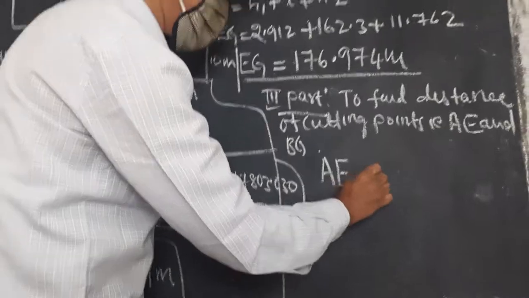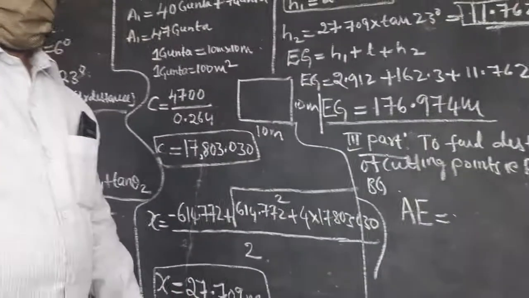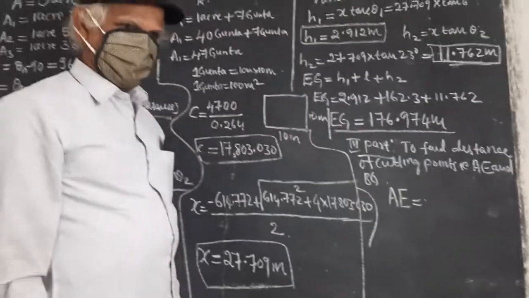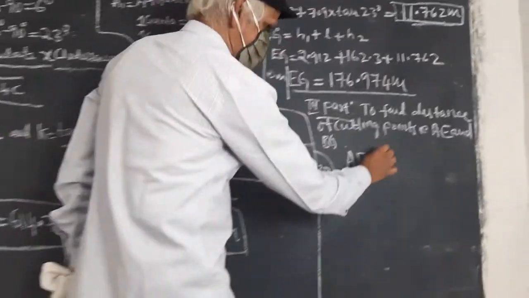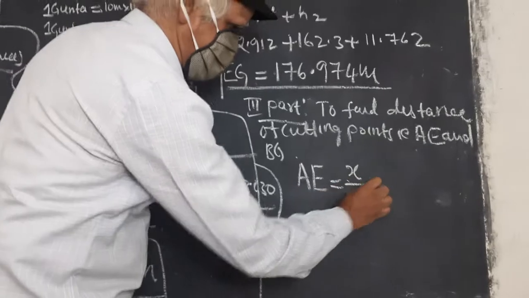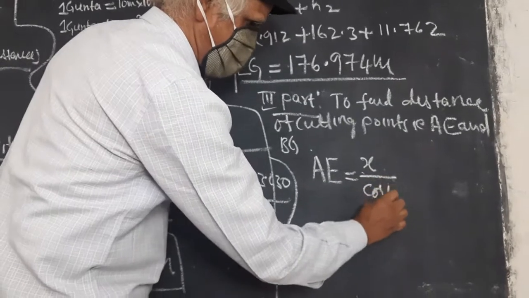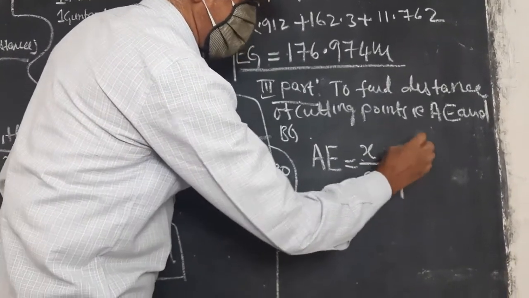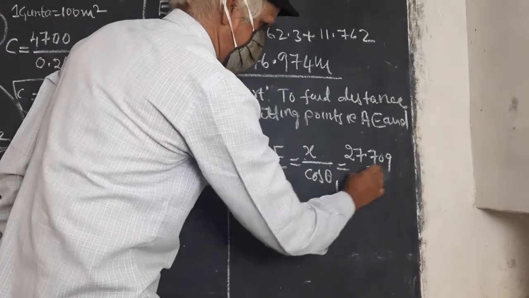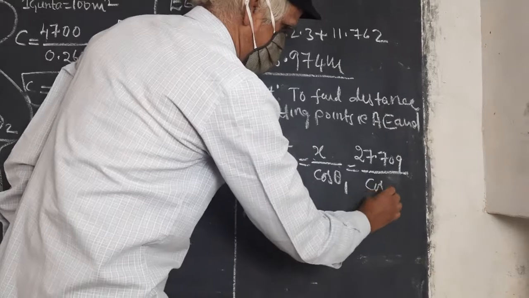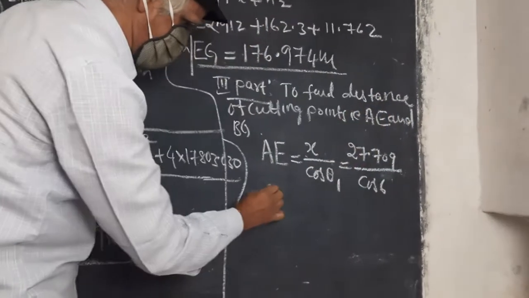Again, what is the formula for the distance of cutting point AE? Again, from the previous video, one can write AE is equal to X divided by cos theta 1. X is of course 27.709 and this is cos 60 degree.